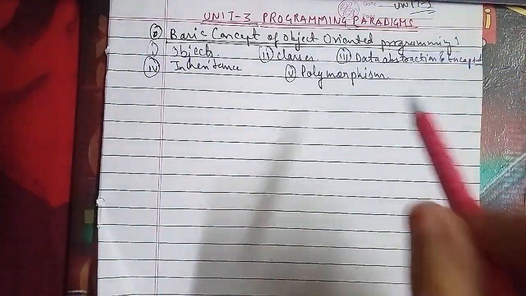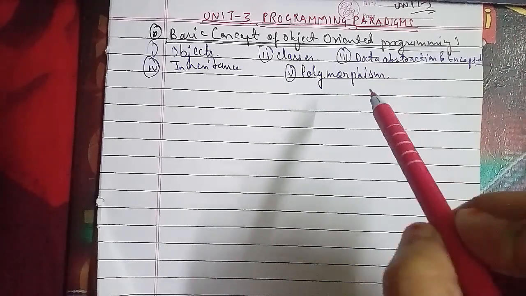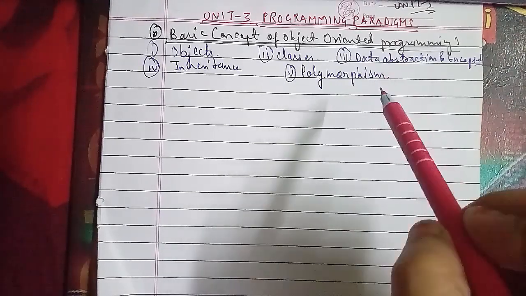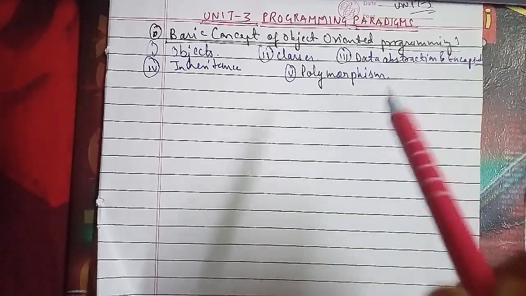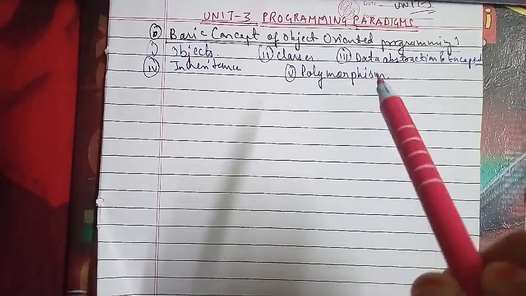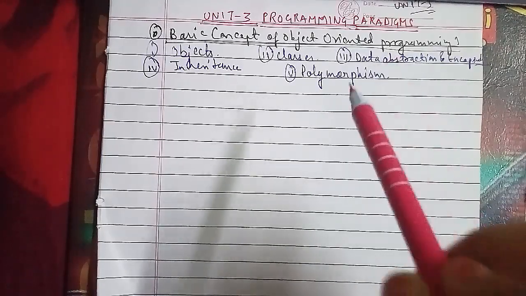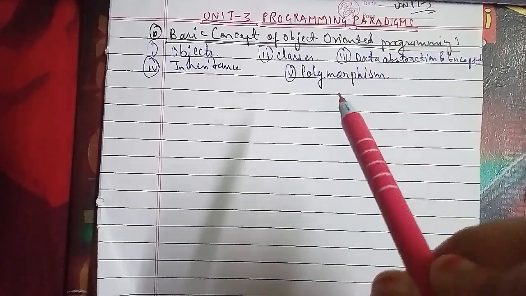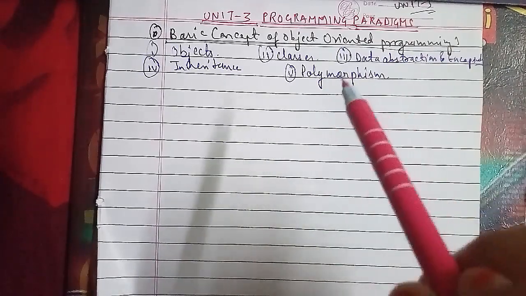For example, consider the operation of addition. For two numbers, the operation will generate a sum. If the operands are strings, then the operation would produce a third string by concatenation. The process of making an operator exhibit different behavior in different instances is known as operator overloading, where a single function name can be used to handle a different number and different types of arguments.